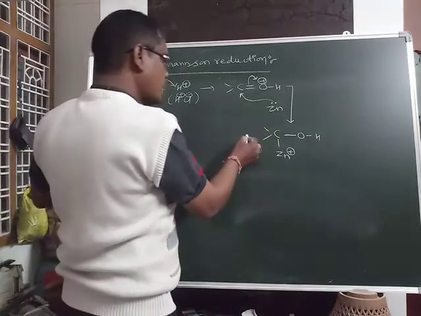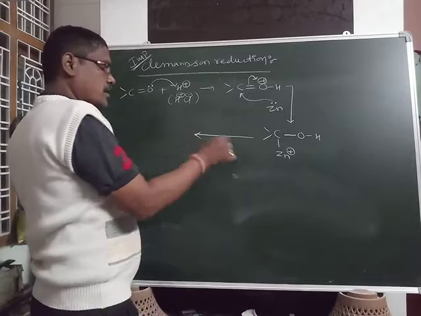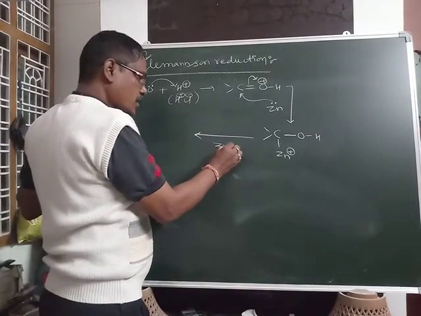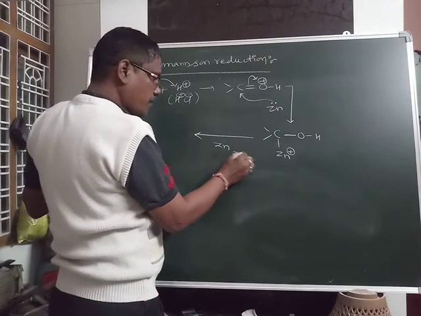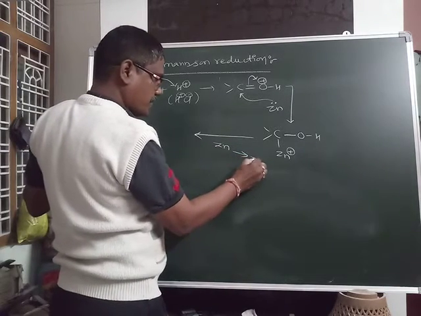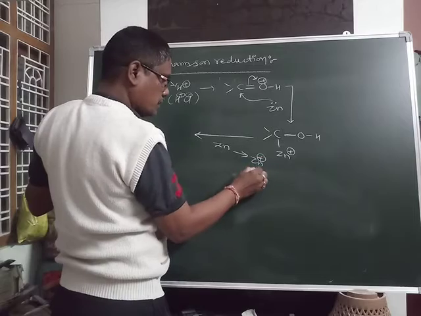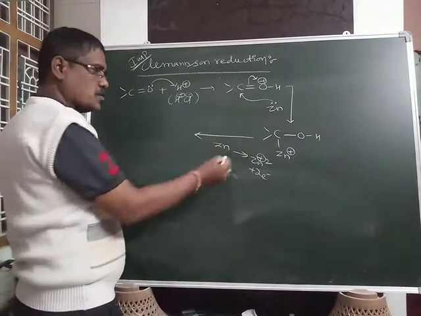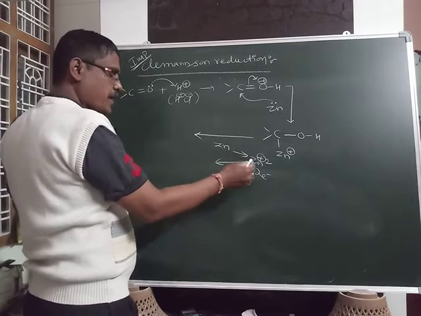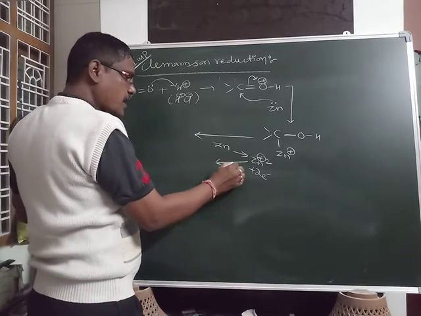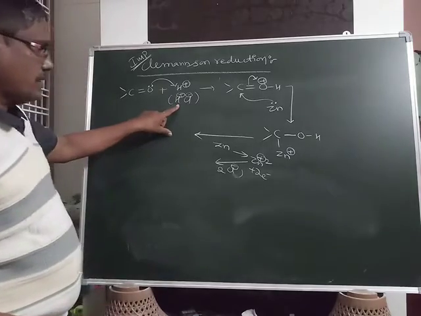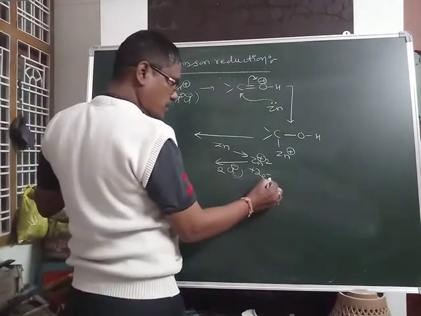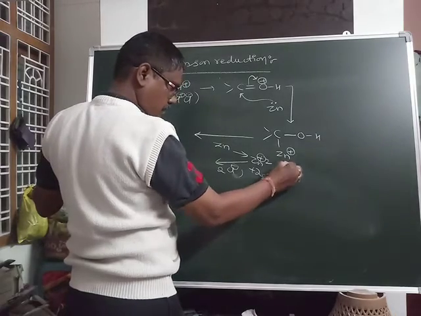This positively charged Zn plus, this is very important: zinc will give only 2 electrons. This becomes plus 2. This plus 2 will combine with the 2 Cl minus already present.